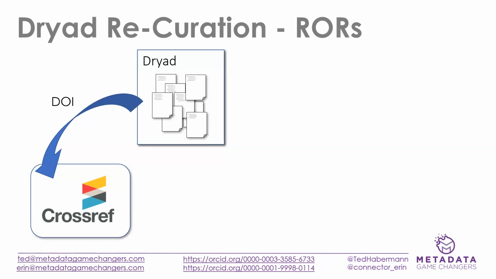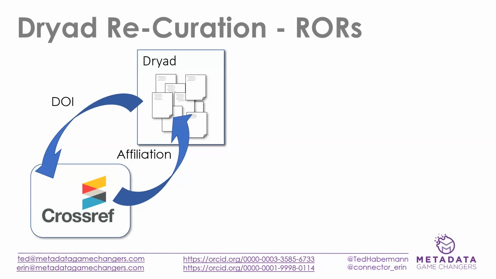So those DOIs in Dryad provided a connection into Crossref, and we could use Crossref to get affiliation information for authors, because the original Dryad metadata model did not have authors or affiliations. And the reason for that is because the idea was that you would read this paper and you would get information from that paper, and then you would know who the authors were, and then the data sets were sort of attached.